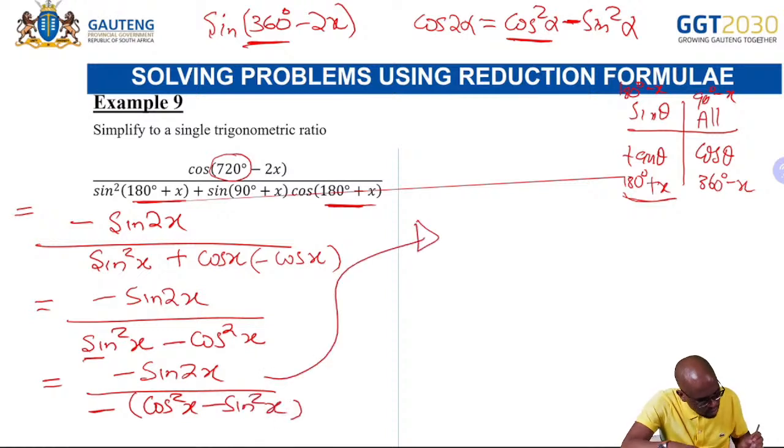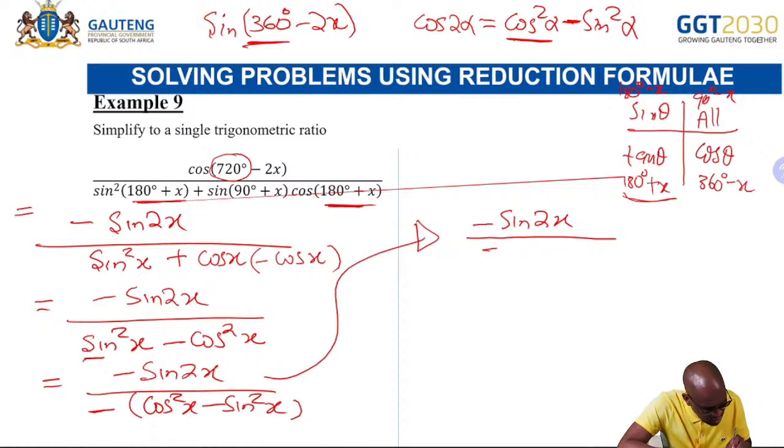Now we move on to this. If we try to simplify this one, we get negative sine 2x divided by cos squared x minus sine squared x. This should be negative cosine of 2x.